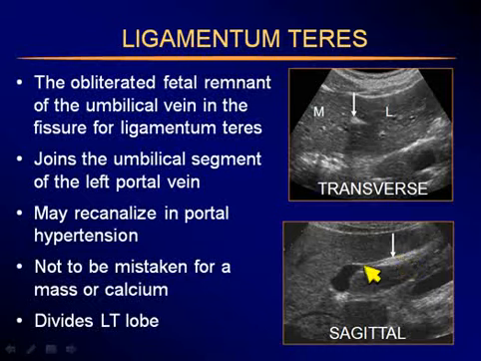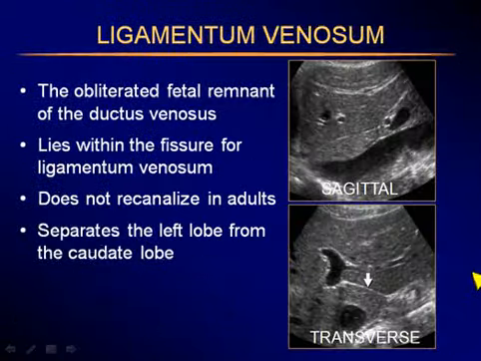So that's where the fetal umbilical vein enters the portal system. This vein may recanalize in portal hypertension, and once again, it is a divider of the left lobe.